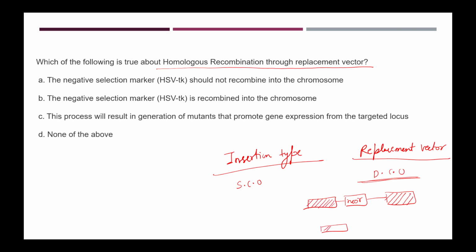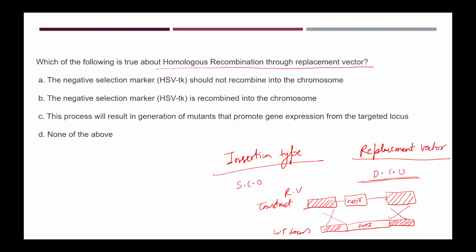This is the gene of interest. So this is the wild type locus. This is the construct or targeted construct, or you can say replacement vector, where double crossover will take place.